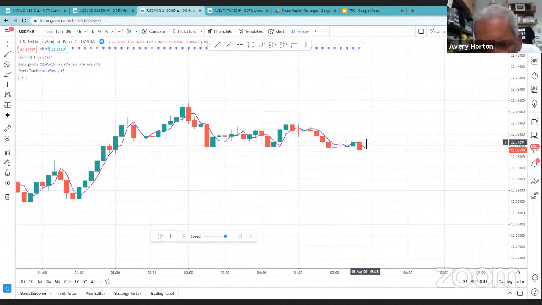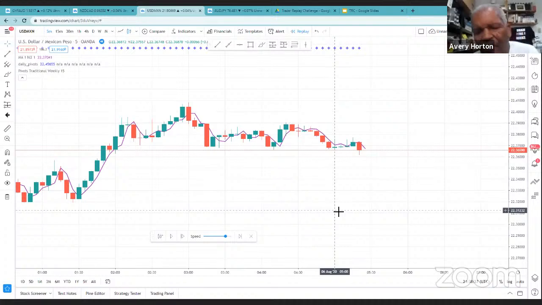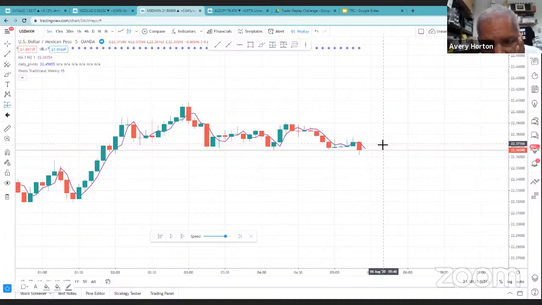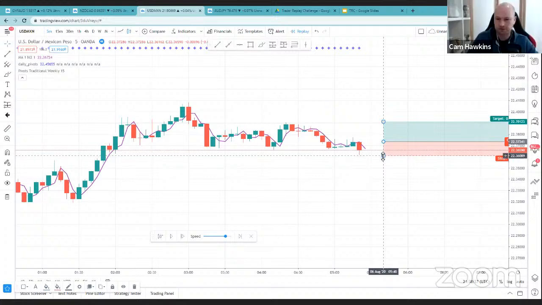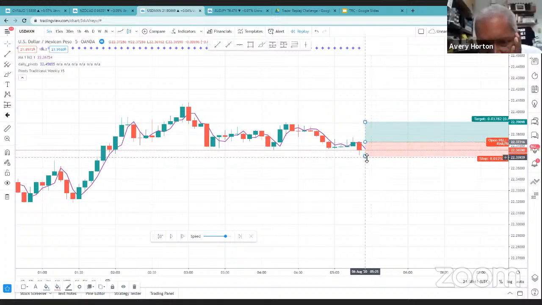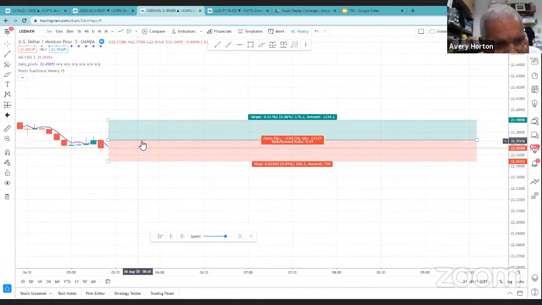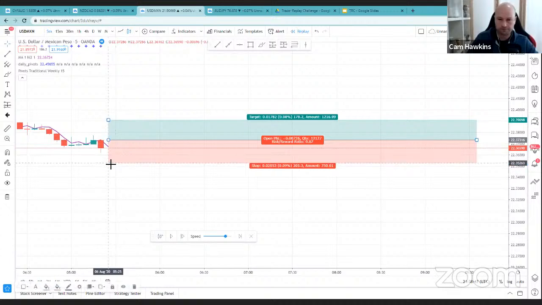Now we would want to go long at the high of that red candle. And where's your stop? Wherever it was, that's fine. Is that 1-to-1 almost?